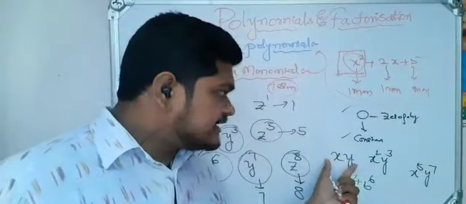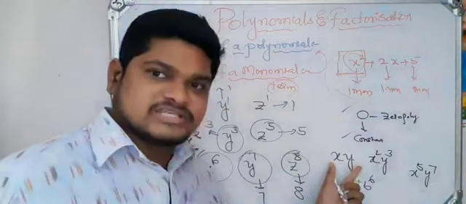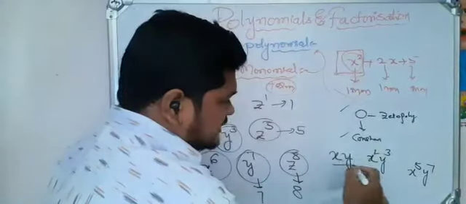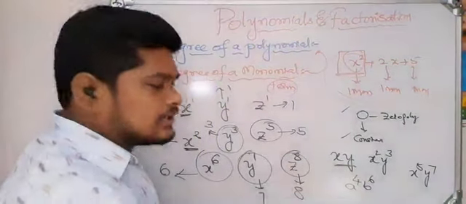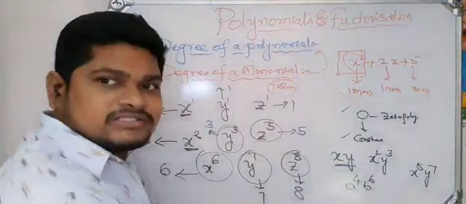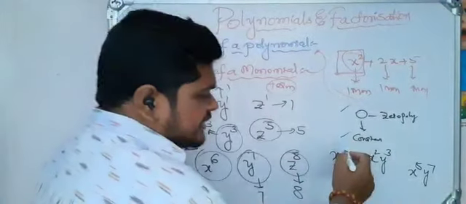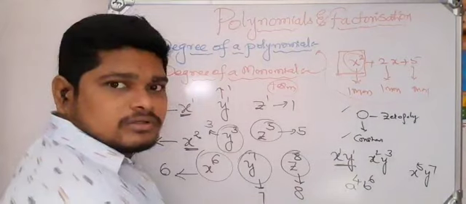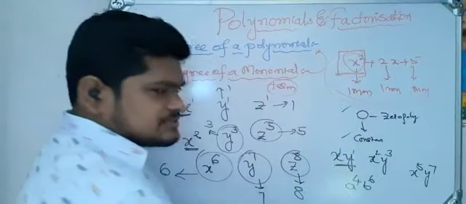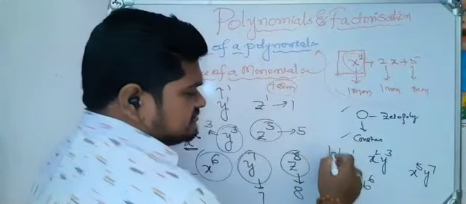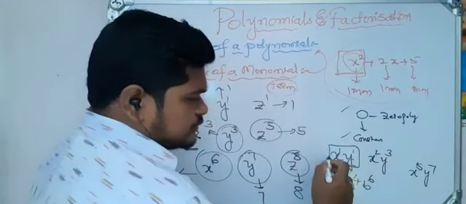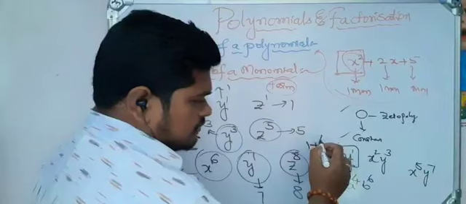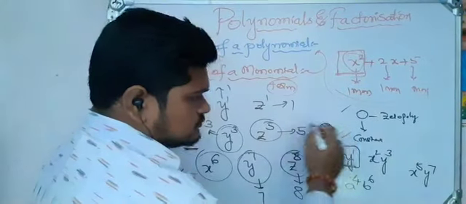How can you find the monomial degree in this case? Now see here, it contains the symbol into, meaning it is a single term. Why? Because x into y is a monomial. Here we have two variables. This one has power 1, this one has power 1. In this case, we have to add the powers of the two. That means the degree is equal to 1 plus 1, so overall the degree is equal to 2.